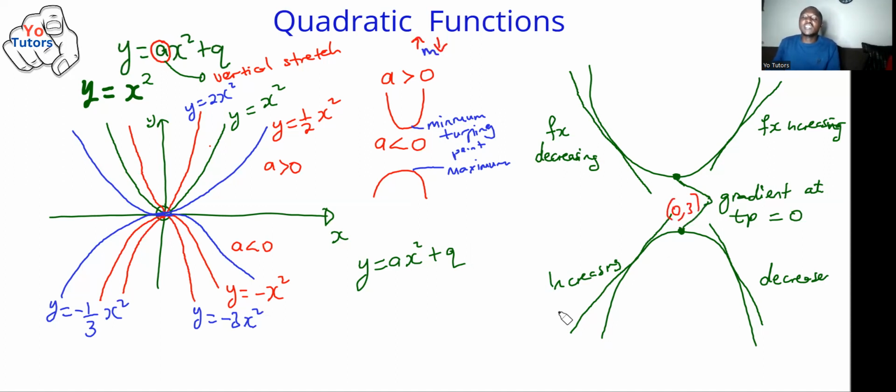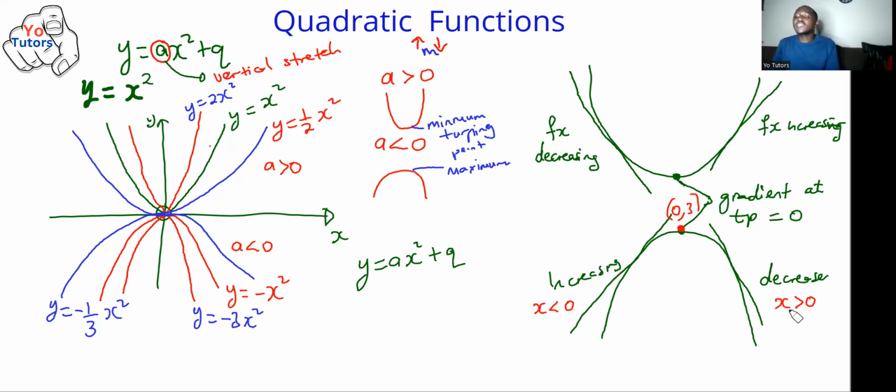So in this case, where it's decreasing, it will be x less than 0. What about where it's increasing? It's going to be x greater than 0, because we refer to the x value. So if the turning point is 0 and 3, it means where it's decreasing, it's below 0.